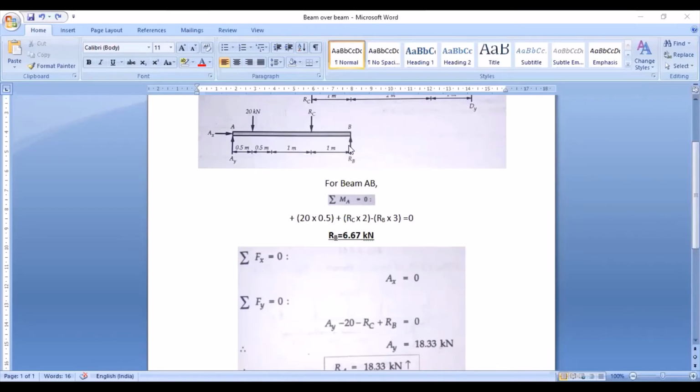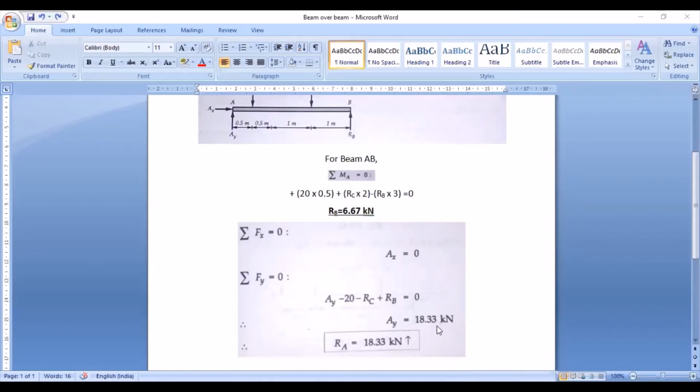Rb, which is upwards, taken with positive sign. And we have already calculated Rc in the previous beam, which is 5 kilonewton. So if you substitute the value of Rc as 5 kilonewton, you will get Ay as 18.33 kilonewton.